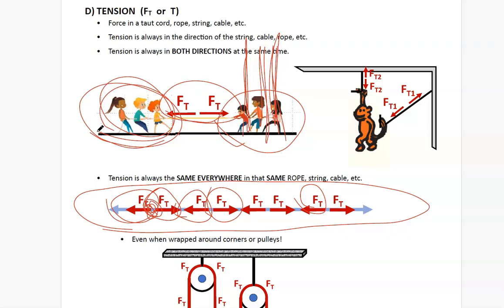Well, if they pull that rope tight, believe it or not, the tension is identical everywhere along the way, everywhere. Because if the tension is in one direction, there's an equal and opposite tension in the other direction everywhere it is. So the tension in the rope is the same everywhere, no matter whether one side is stronger than the other. I know that's a bizarre concept. All right.